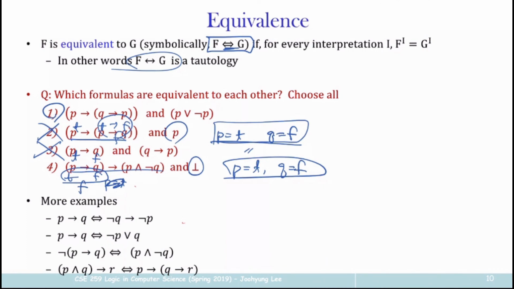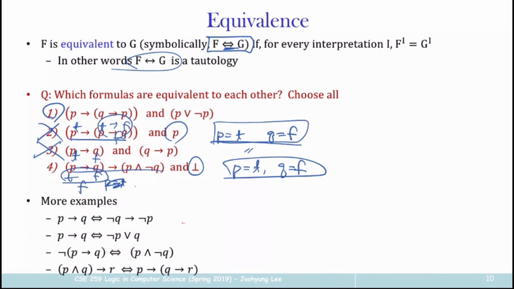Similarly, in logic, you can write something as a very complex formula, but you can also write it in a simple way, and you want to check whether they are doing the same thing. This is called equivalence checking. So it's good to know those equivalent formulas so that you can easily manipulate them.